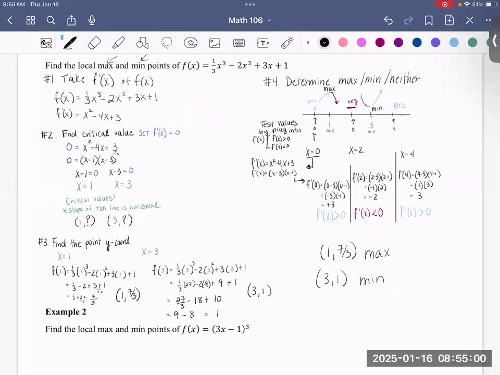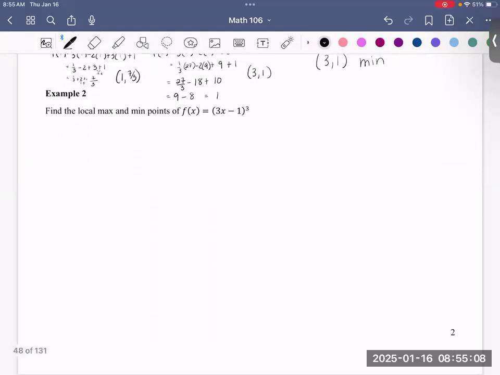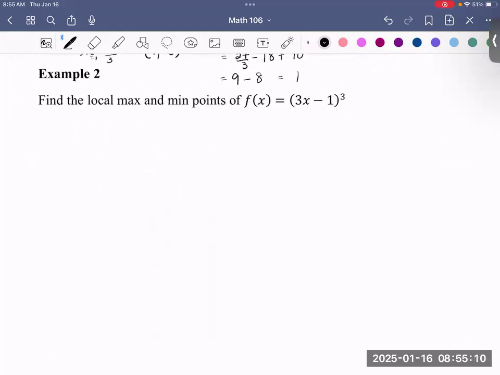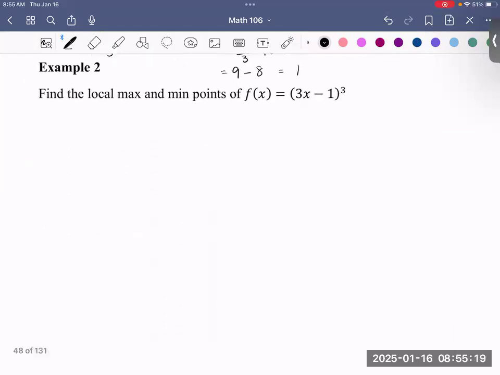I'm going to have you try it one more time with example 2, just based on what we have done so far. Okay, so it says find the local max and mins of your points given our function. So again, step 1, we need to find f prime.